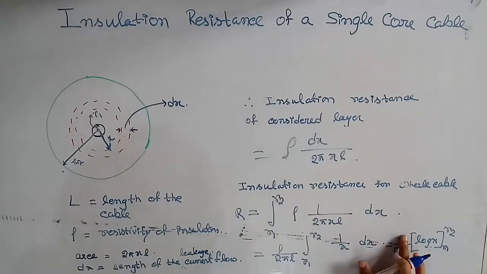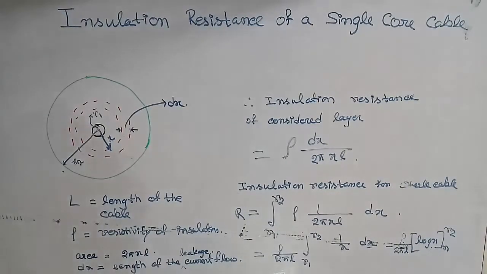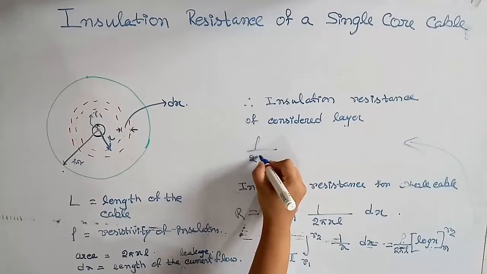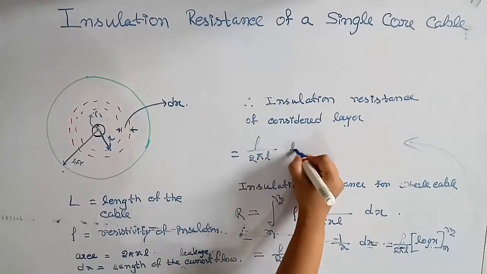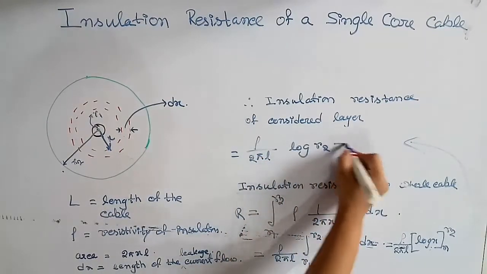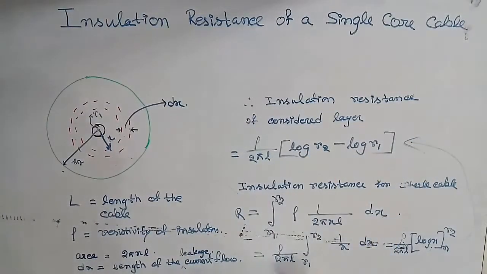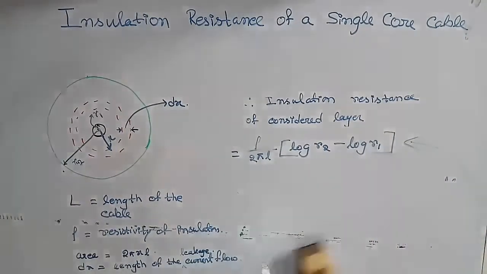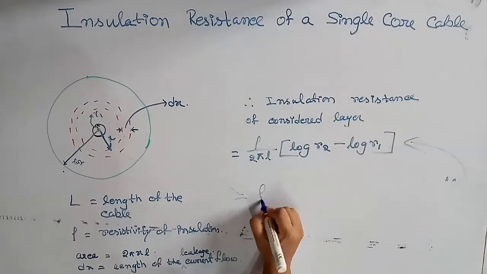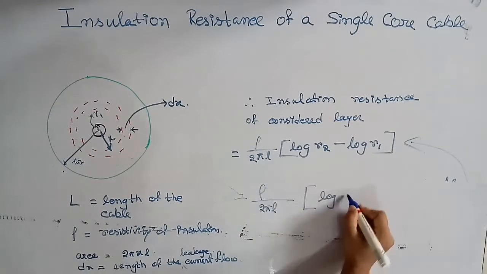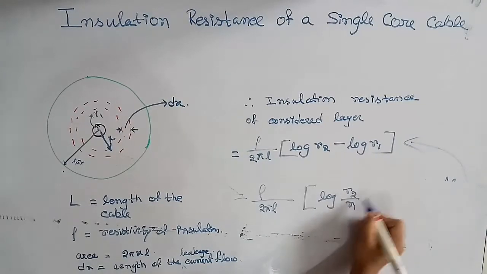So we can write rho by 2 pi l into log r2 minus log r1, which equals rho by 2 pi l log of r2 by r1.